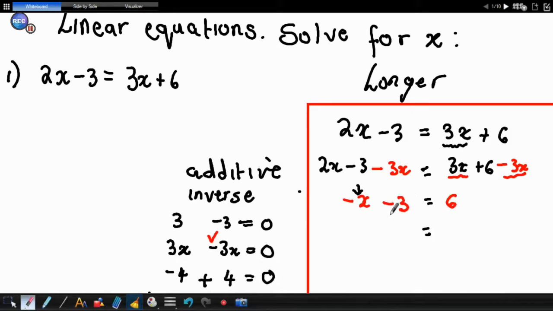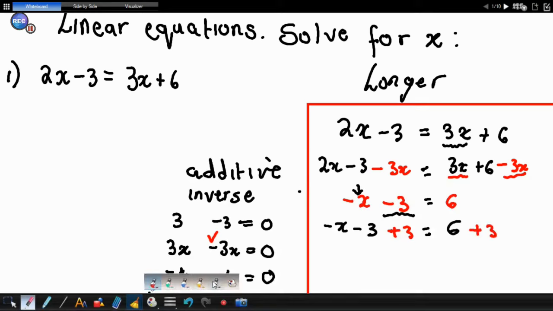So again, for us to get rid of this negative 3, we have to find the additive inverse. So let's just write everything as it is. So there we go. We have that, and we have 6 here. And the additive inverse of this negative 3 will be positive 3. So that means we are going to add 3 this side and add 3 that side.